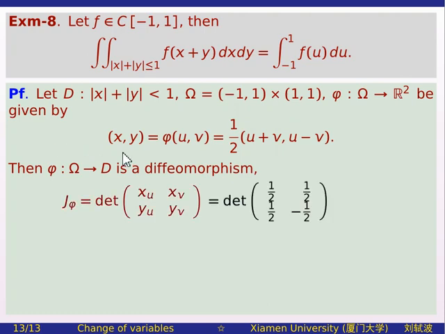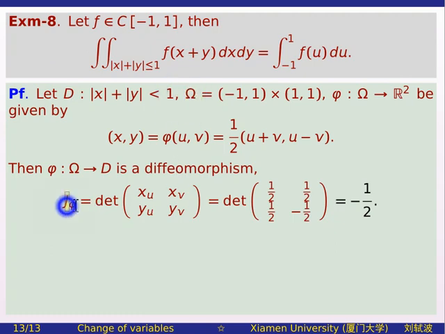The derivative of x with respect to u is a half, and with respect to v is also a half. Similarly for the derivatives of y with respect to u and v. And this determinant is minus a half. Easy to compute.